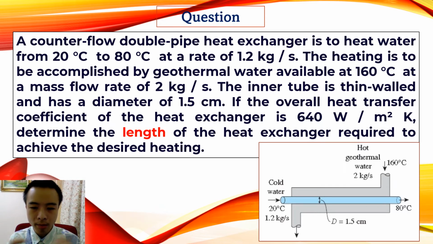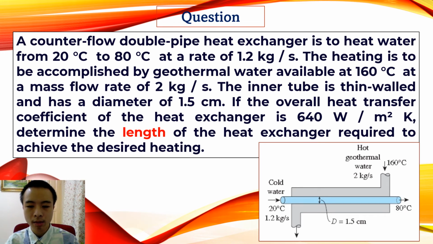The inner tube is thin wall and has a diameter of 1.5 cm. If the overall heat transfer coefficient of the heat exchanger is 640 watt per meter square Kelvin, then determine the length of the heat exchanger required to achieve the desired heating.